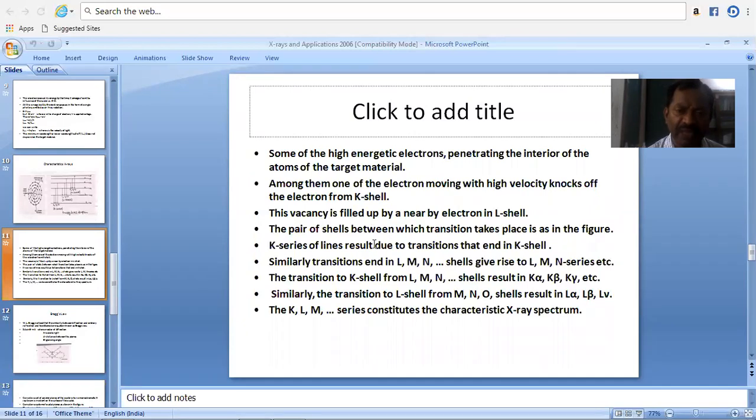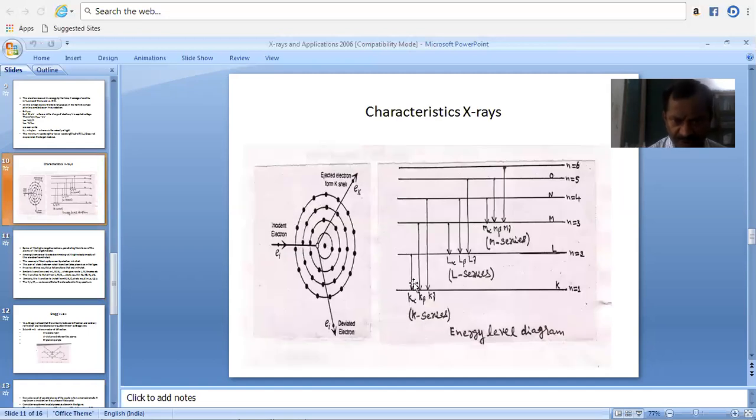The pair of shells between which transition takes place is as in the figure I have shown here. Transition takes place from L to K, M to K, N to K. That is L to K, K alpha; M to K, K beta; N to K, K gamma.